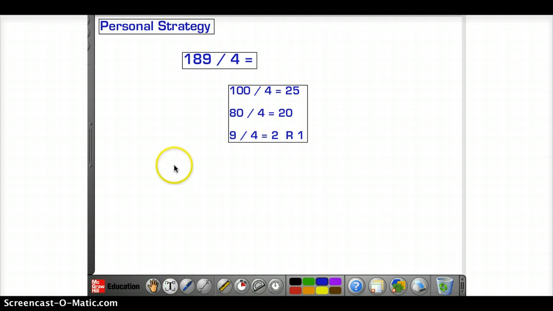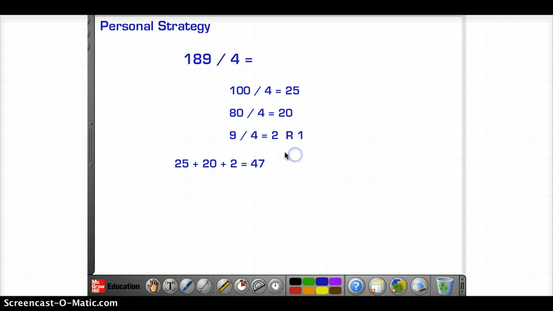So we need to add all of the quotients. 25 plus 20 plus 2, and we'll deal with this remainder in a minute. So it works out to 47 with that remainder 1.